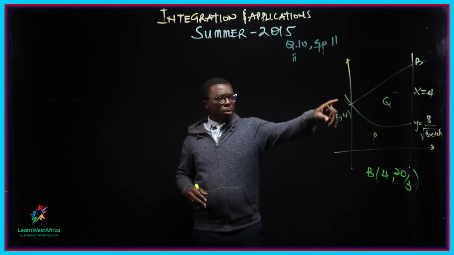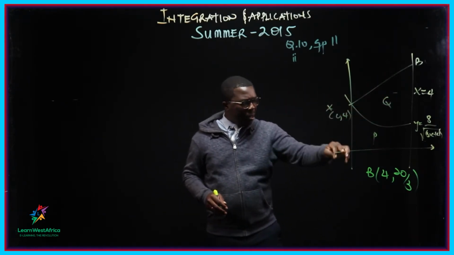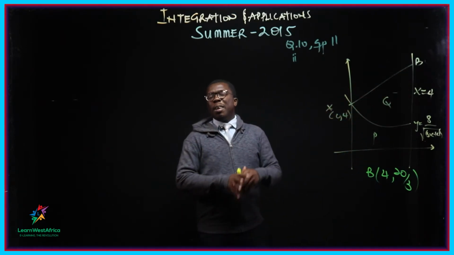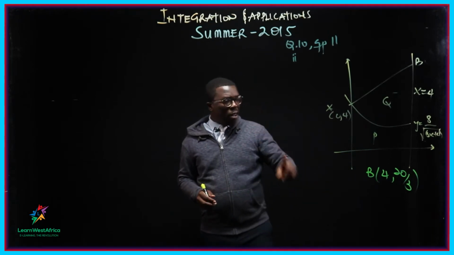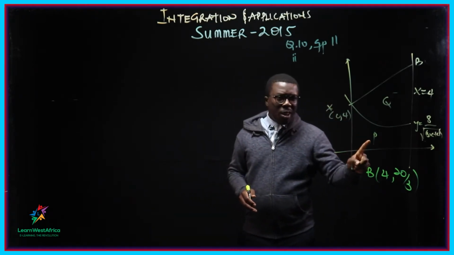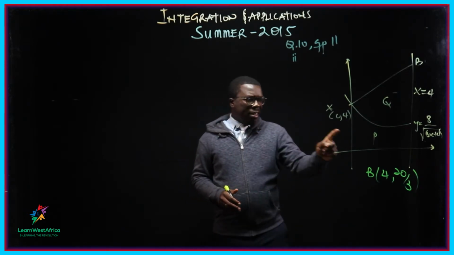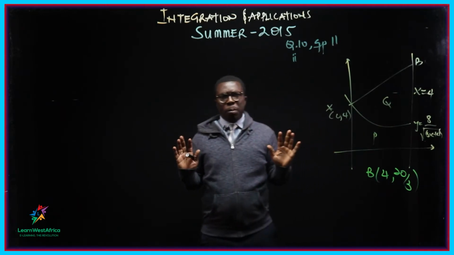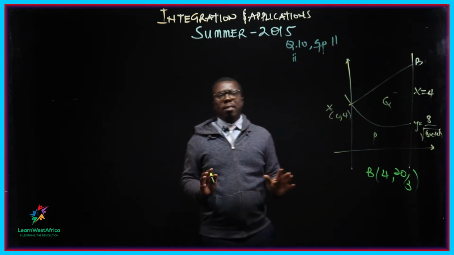So the area of the trapezium should be equal to this area and that area. The sum of P and Q should give us the area of the trapezium, because the trapezium is made up of those two parts.